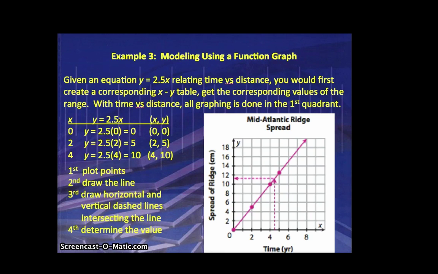Then draw a horizontal line from that point of intersection to the spread of the ridge. So after 4.5 years, if you want to look at the spread of the ridge, it has gone from 0 centimeters all the way up to 11 centimeters. That's pretty significant after 4.5 years.